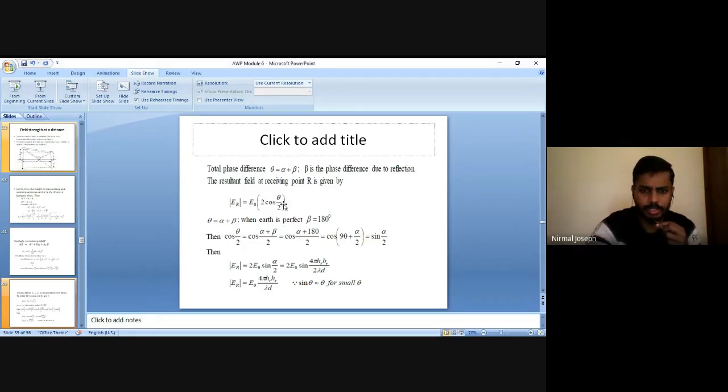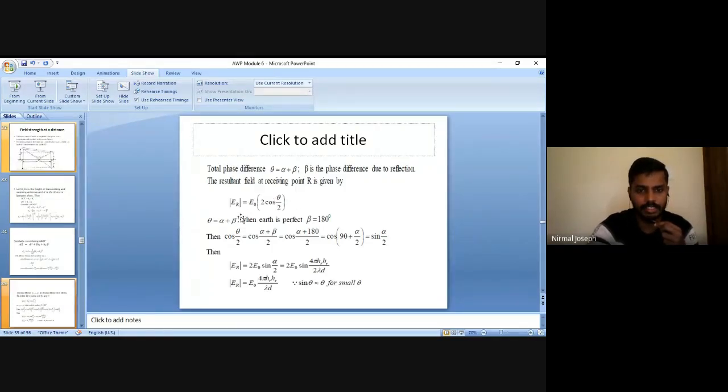So the resultant field is E naught 2 cos theta by 2. If anybody remembers the derivation of the field due to an array of 2 point sources, they will definitely remember a similar equation there. Here also the idea is the same.